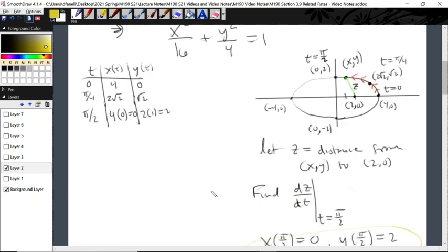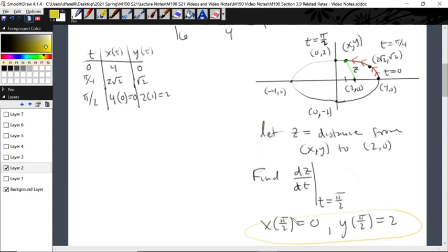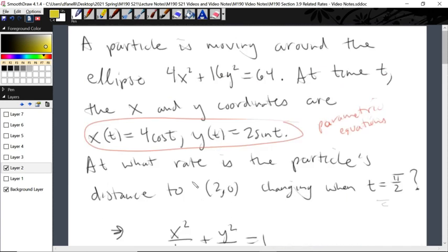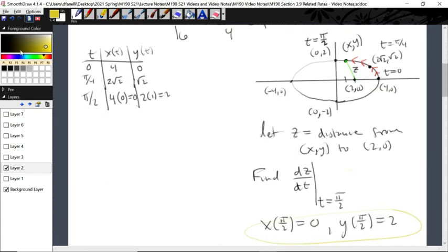Let's see how we can find dz dt by knowing information about x and y. Can we relate x, y, and z to each other? Is there a formula that we can choose that relates them to each other? We can use the distance formula, which is really the Pythagorean theorem.